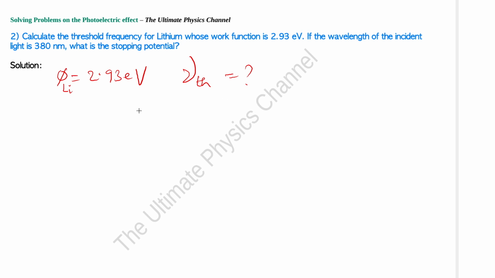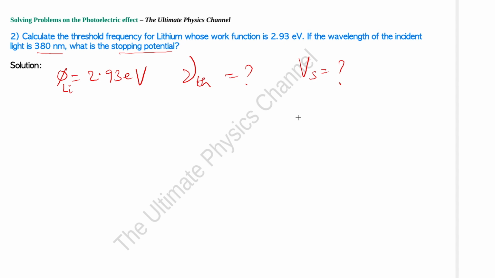So we know that this is directly connected very simply. But then what is being asked is the wavelength of the incident radiation is 380 nanometers. So then under that condition, what is the stopping potential Vs?